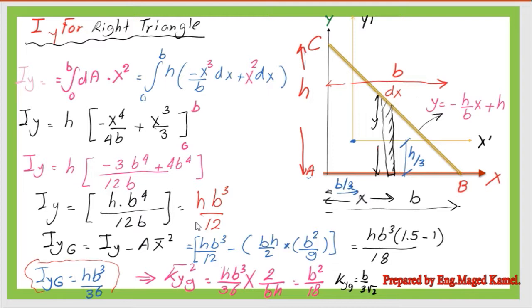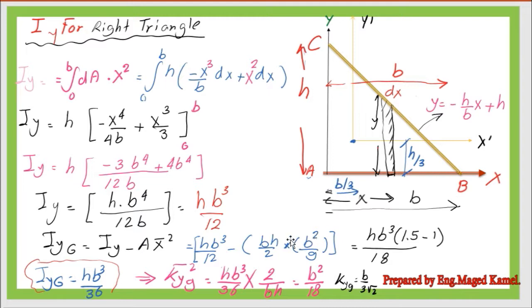In order to get the expression of Iy about the CG, we are going to subtract from that value the multiplication of the area by x bar squared. Our area is 1/2 bh, and our x bar is b over 3. We are going to square it, and it will become b squared over 9.